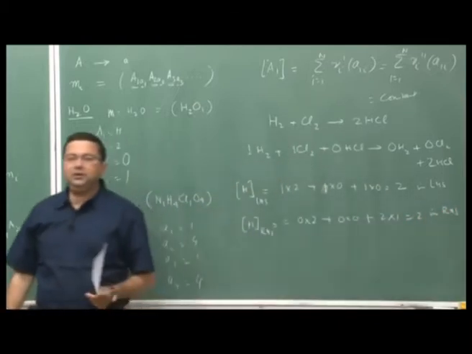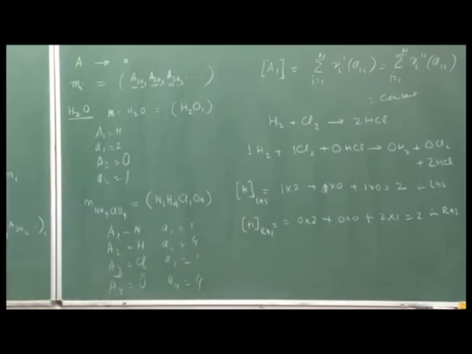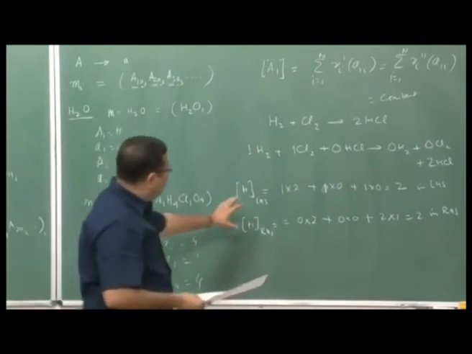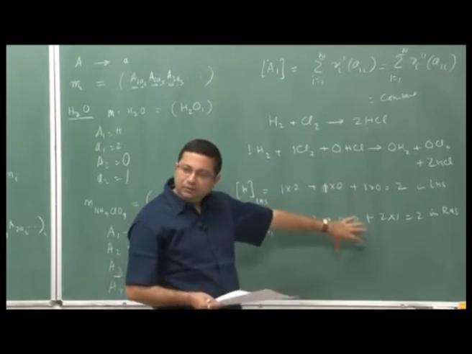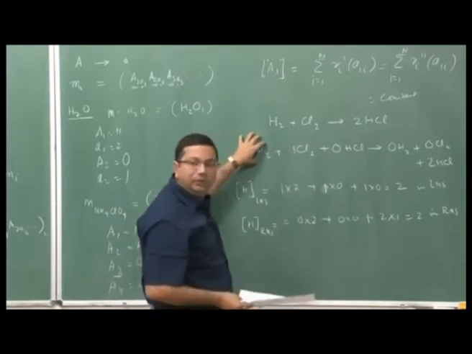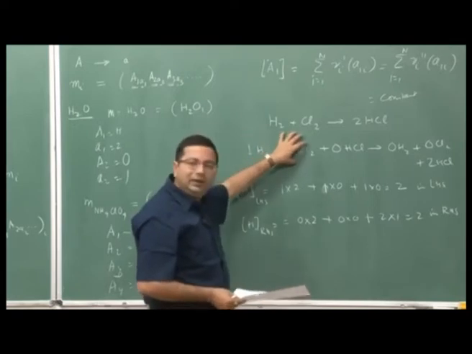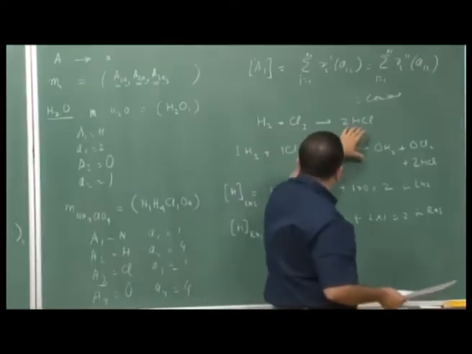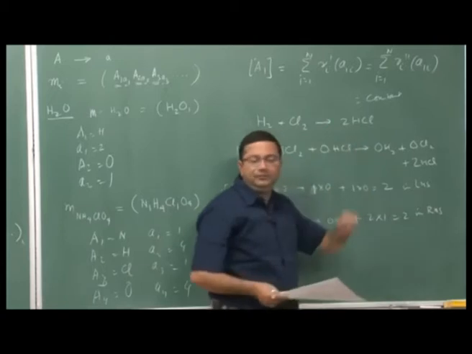So, in the right hand side also we have 2 hydrogen atoms. So, as we can see that this is balanced, essentially the number of hydrogen atoms are conserved. Similarly, we can get for Cl, similarly we can get for HCl. So, this is a balanced equation.